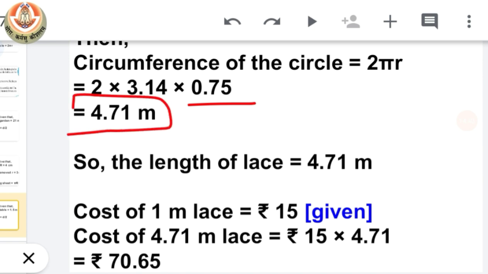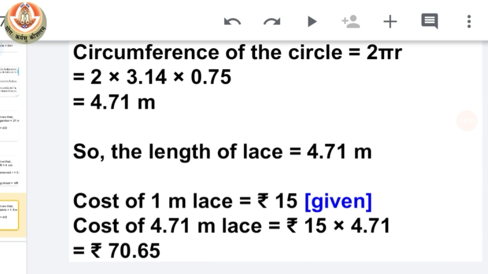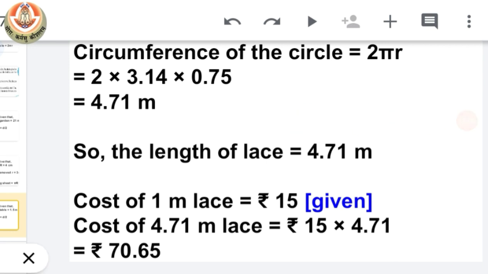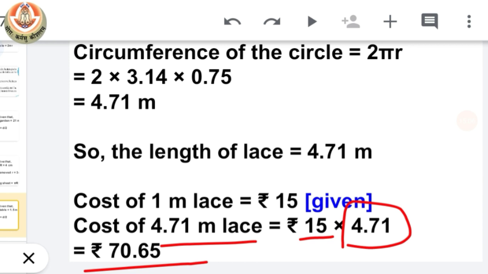After solving this, we will have circumference 4.71 meter. So that means the length of lace required is 4.71 meter. Now if the cost of 1 meter of lace is 15, the cost for 4.71 meter of lace will be 15 into 4.71, that is rupees 70.65.